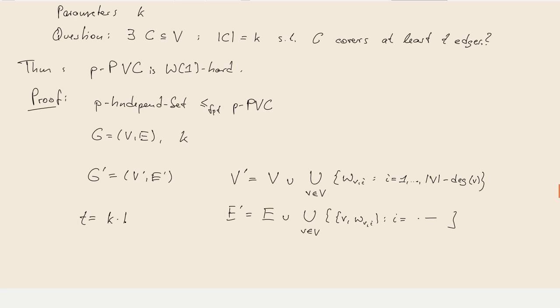But we have to set it to k times v. Now in the new graph, every old node has degree v by construction. A node had some degree before, and now we filled up that degree up to v by adding new nodes that only this node is adjacent to. Sorry, the new nodes have degree 1.